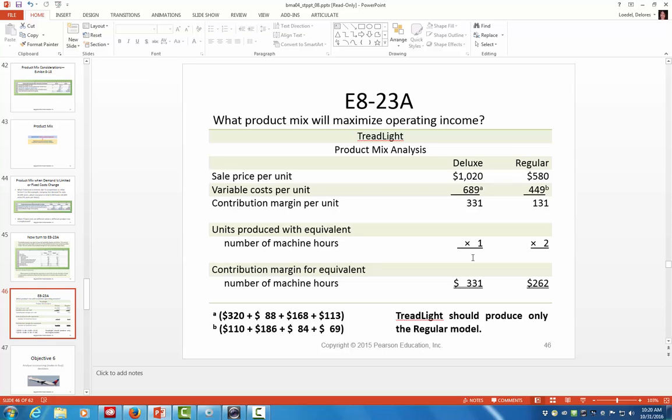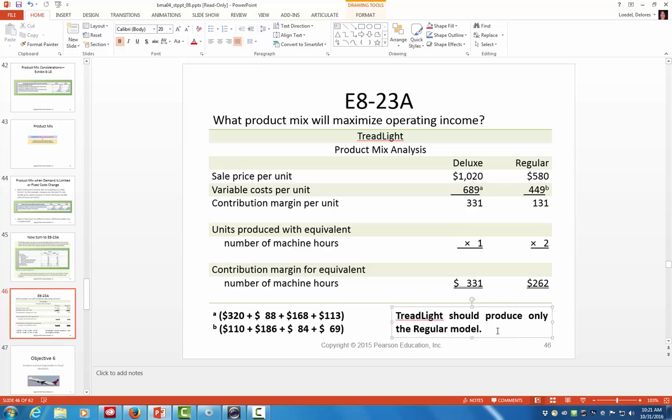Okay, so that is telling us then that our product mix would be maximized if we only actually produced the regular ones, because for every one of those we can produce 2 with a contribution margin for equivalent number of machine hours at $262.